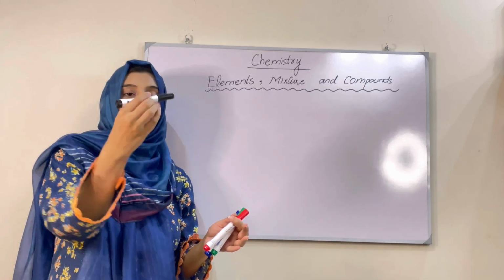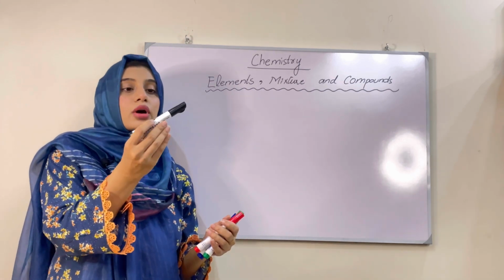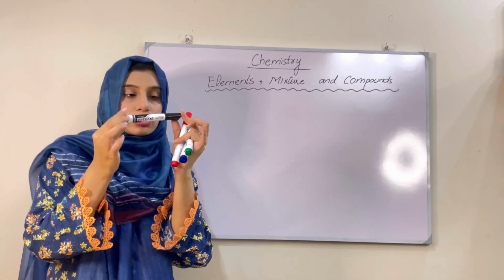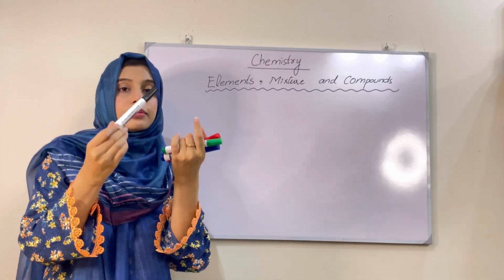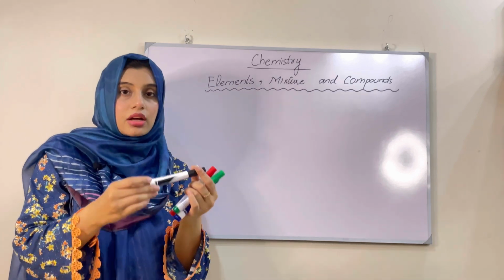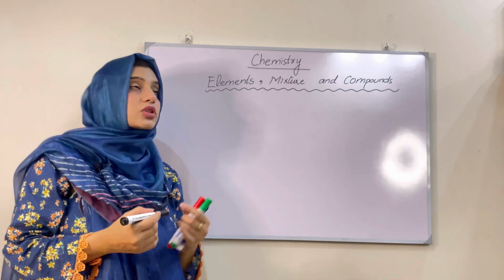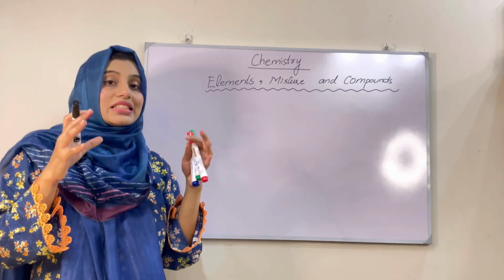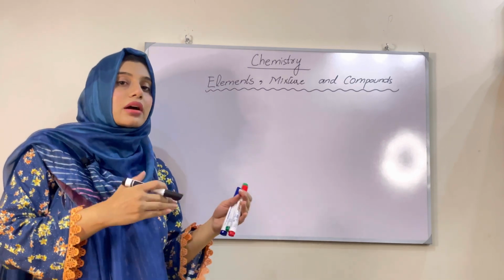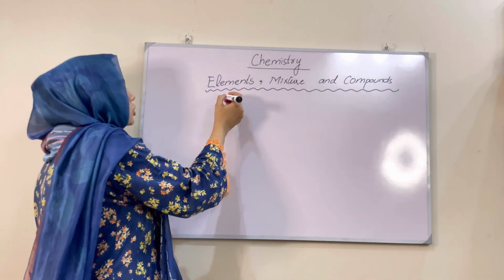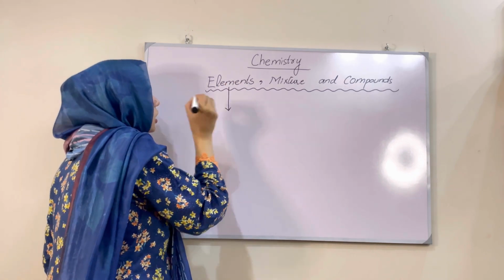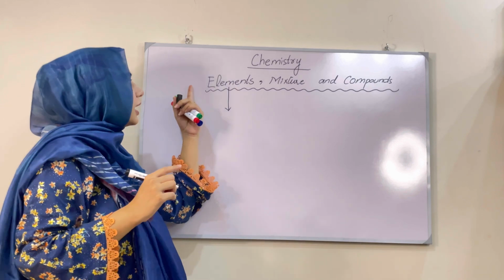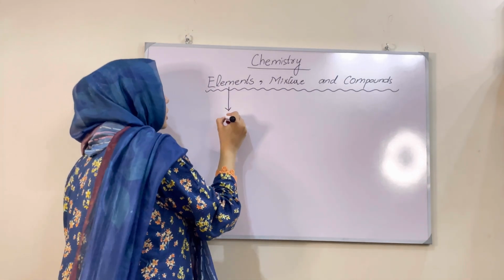For example, if this marker is in front of me, the first thing that comes to my mind is how it was shaped, what the material was, what the process must be. So today we are diving into the basis of elements, that is, what elements are made up of. If we dive into it, we must understand that elements are made up of atoms.